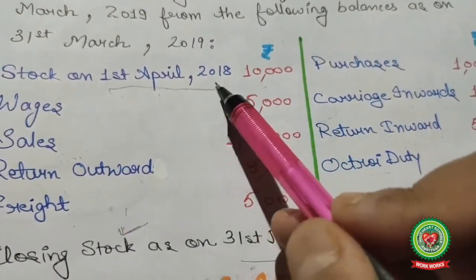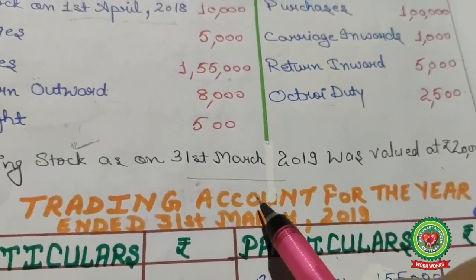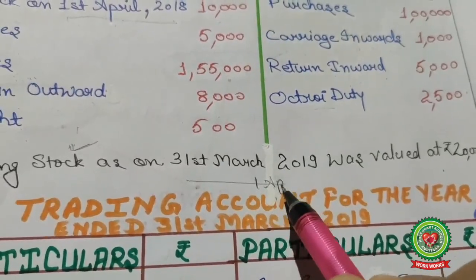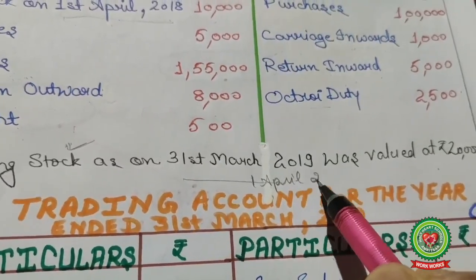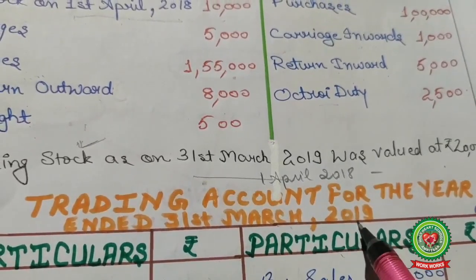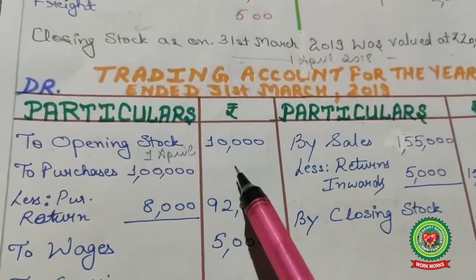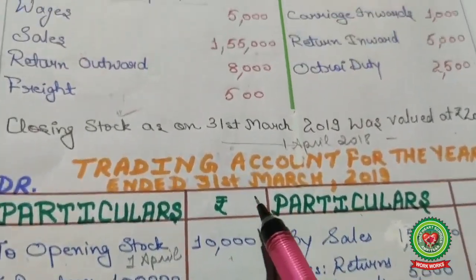Your accounting year here is 1st April 2018 till 31st March 2019. So stock 10,000, okay, recorded.